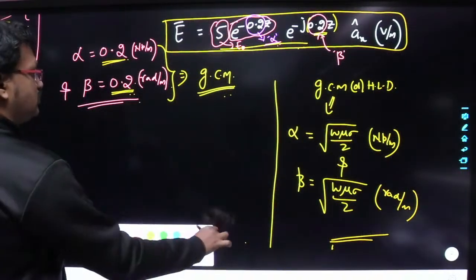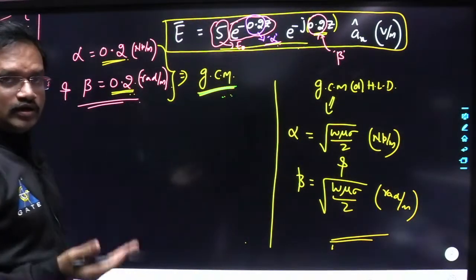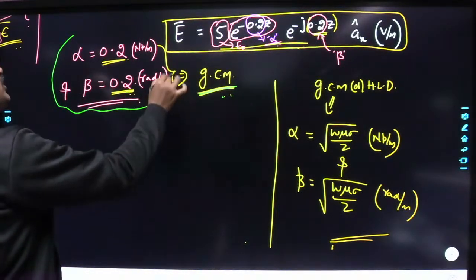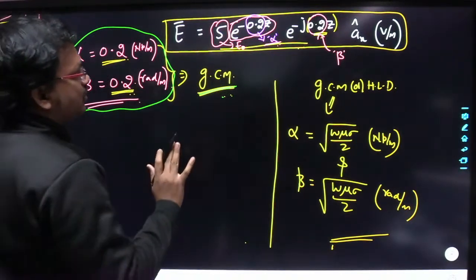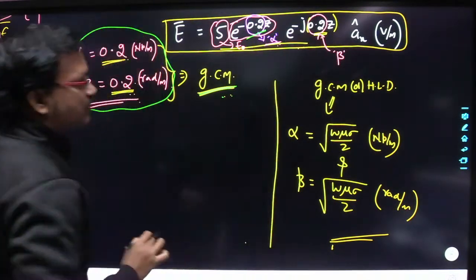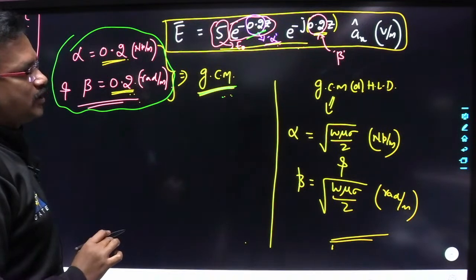So we have concluded good conducting medium. Let us assume you are not getting this idea, but here you have confirmed that this is the alpha value and this is the beta value.